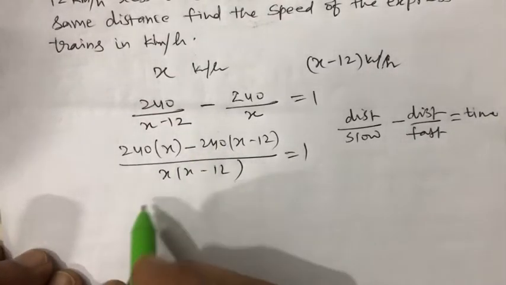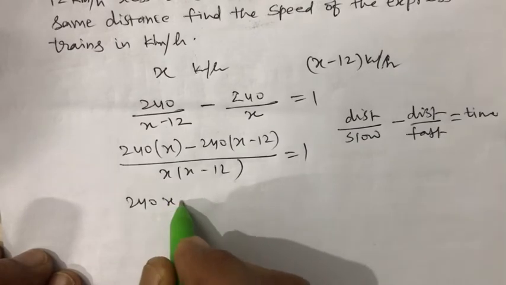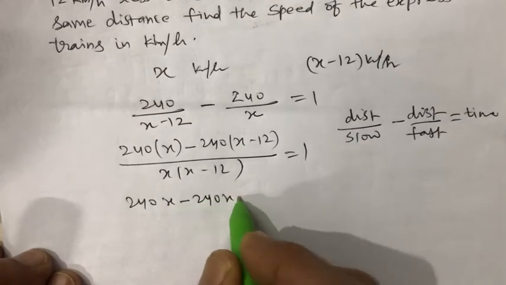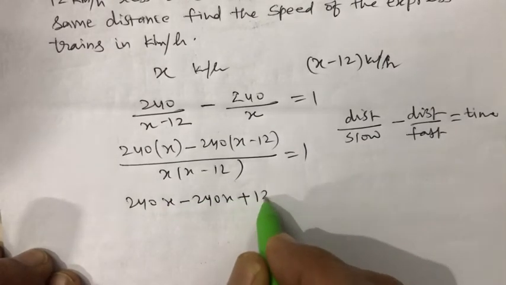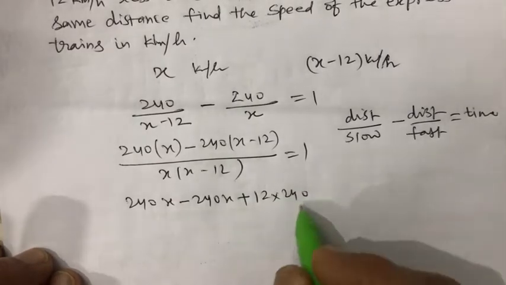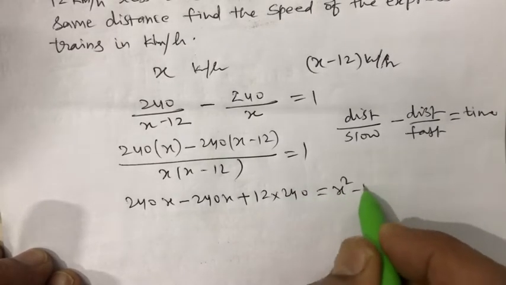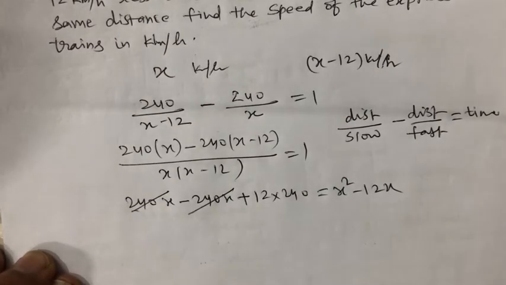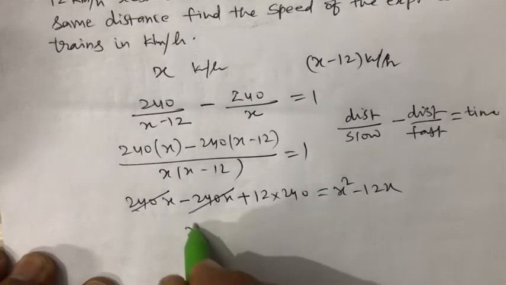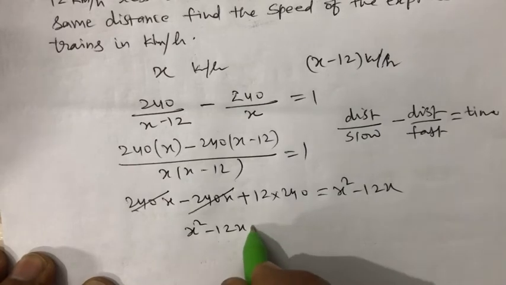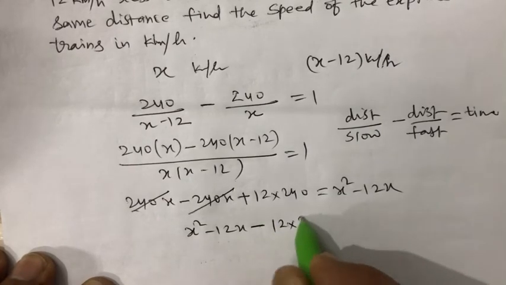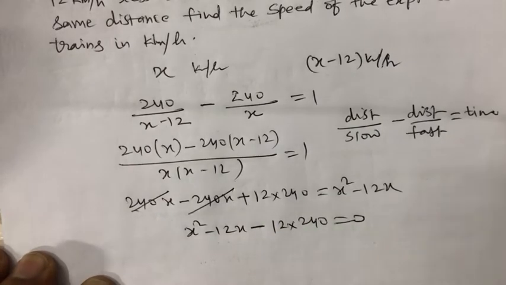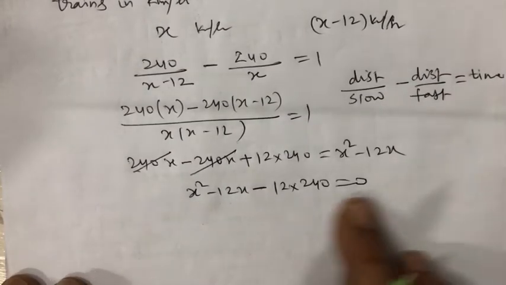So if you expand it, what we'll get? 240x minus 240x plus 12 into 240 equals x square minus 12x. 240x and 240x cancel out. So what is the quadratic? x square minus 12x minus 12 into 240 equals 0. Now you have to solve.